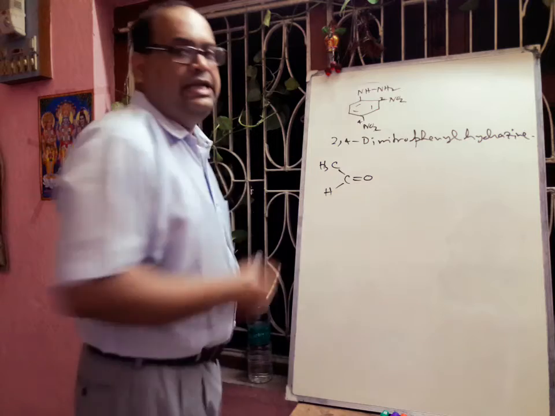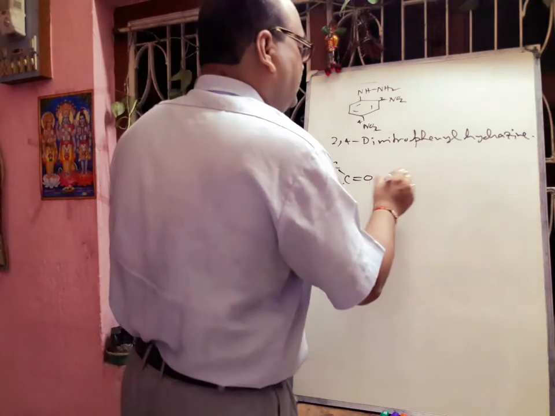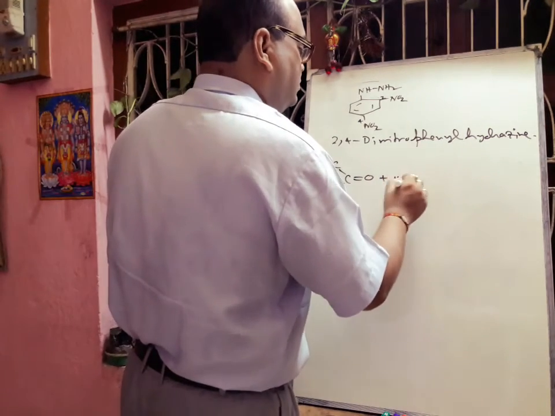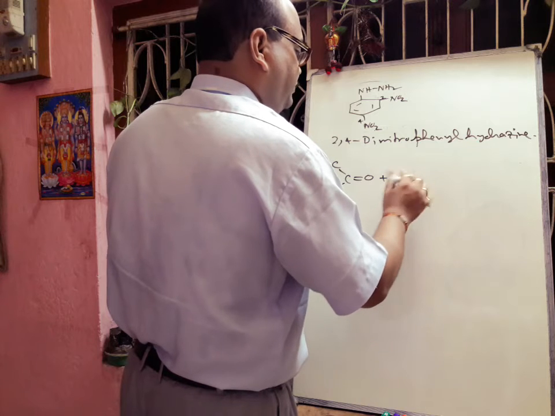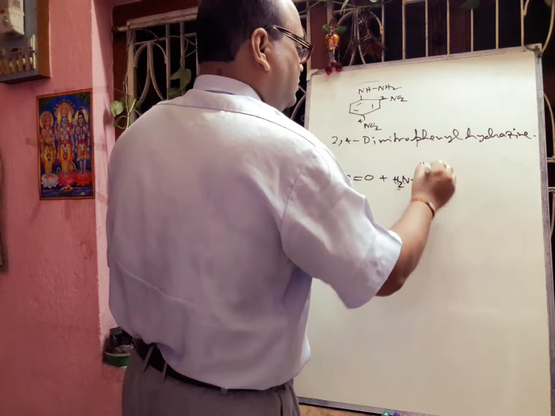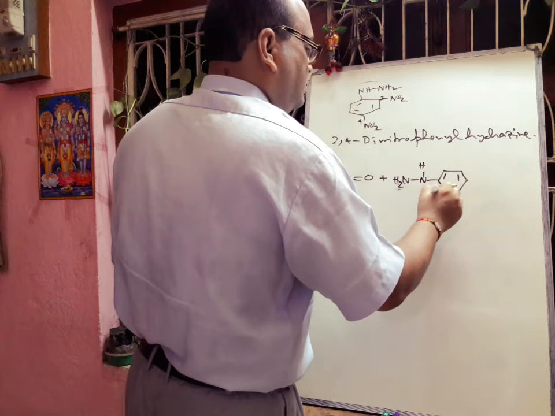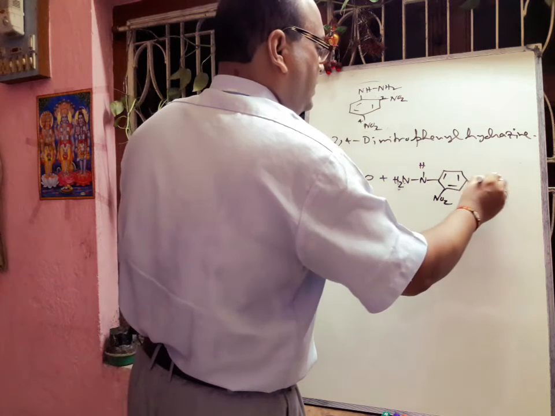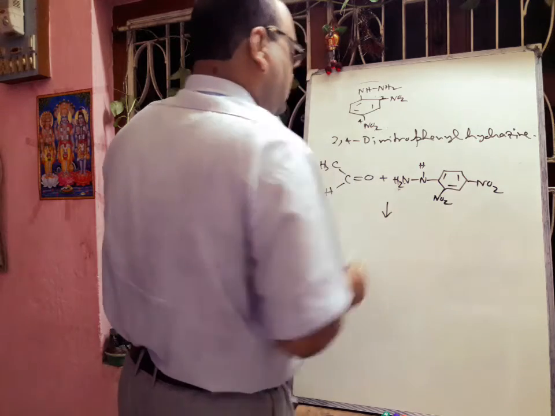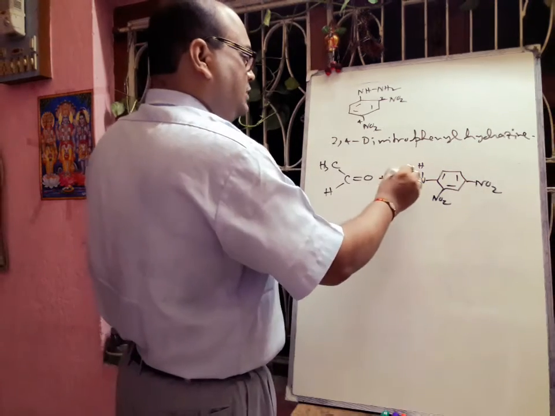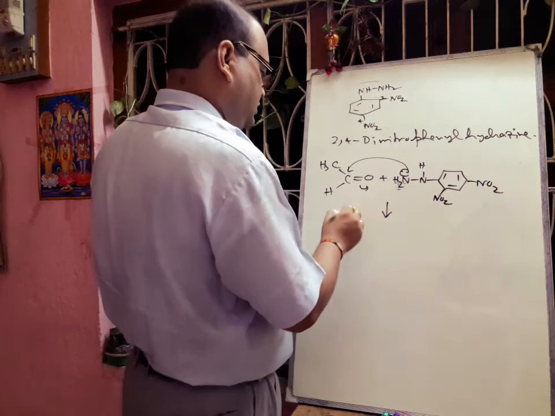This one is acetaldehyde that will react with this reagent. Here is one nitro group and here is one nitro group. And this amine will react with this carbonyl group.